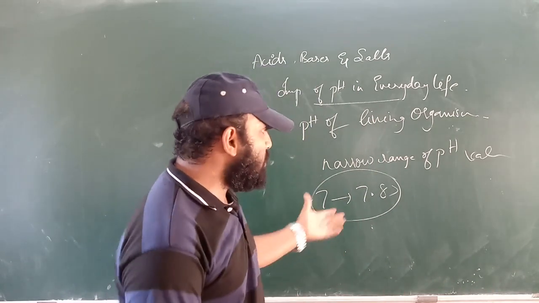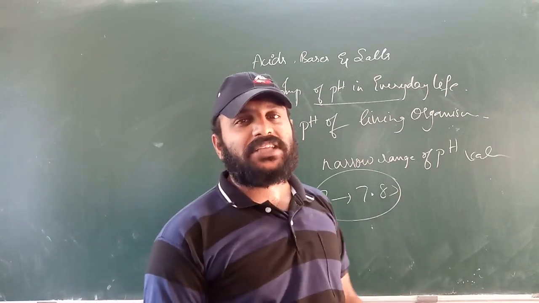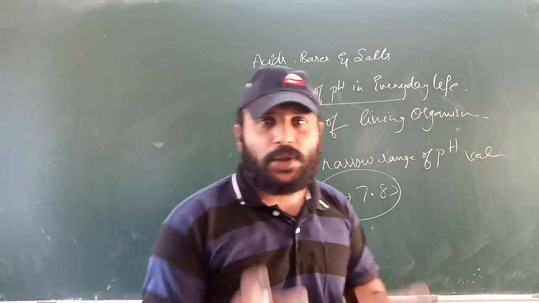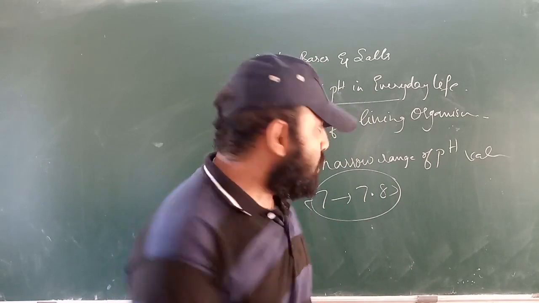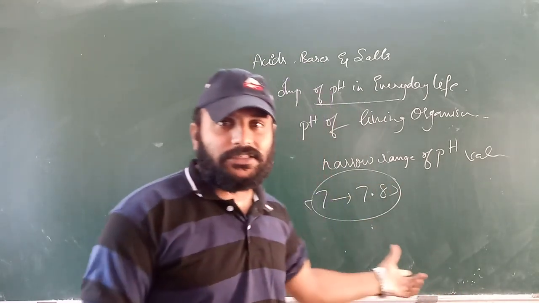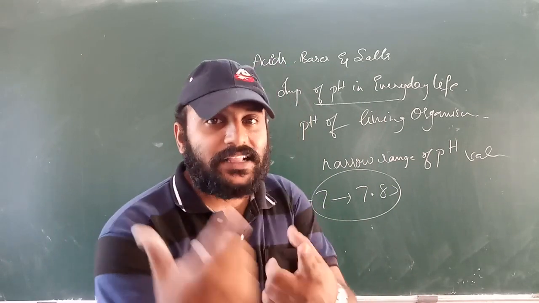If the pH value is greater than that range, it is more basic in nature. Then what will the stomach produce? Stomach will produce hydrochloric acid, for digestion of food. If the pH value is greater than the range, it will neutralize the acid present in it, so indigestion will take place.